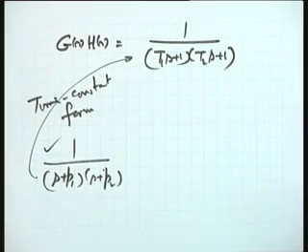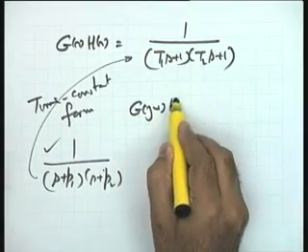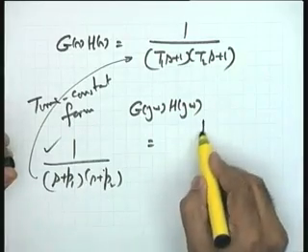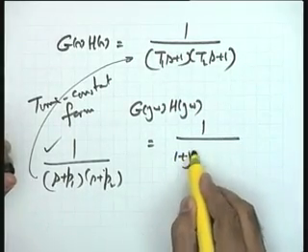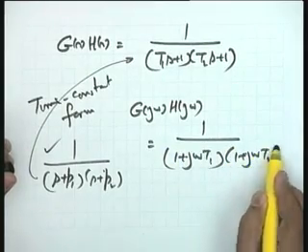In this case, straight away I have given you the transfer function in the time constant form. So from here, the next step is to get the sinusoidal transfer function, G(jω)H(jω) equal to K over (1 plus jωT1)(1 plus jωT2).